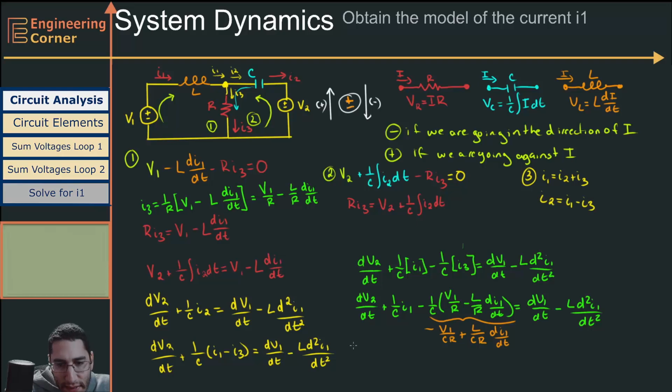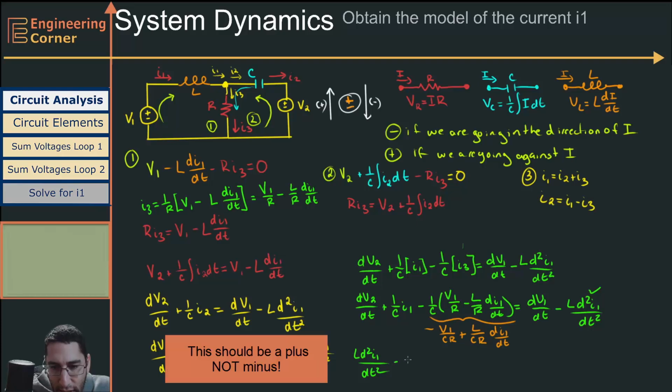So this is L d squared I1 over dt squared. I'm just going to put a check mark over it. Now we have minus L over RC di1 dt.